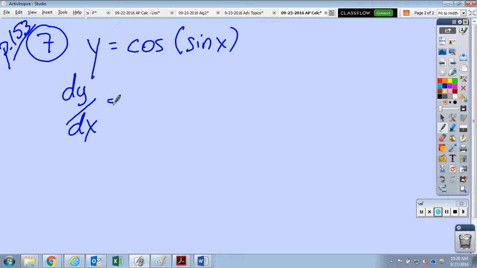So we have negative sine of the guts, the guts stay where they are, and then times the derivative of the guts, which is cosine.